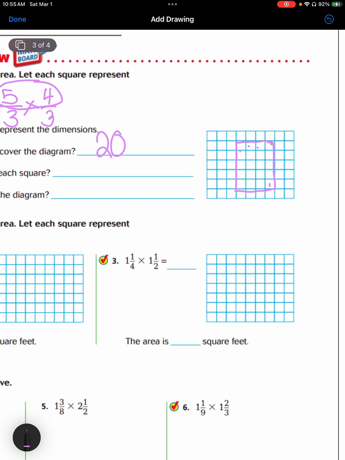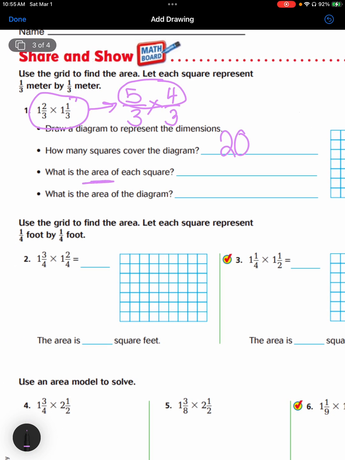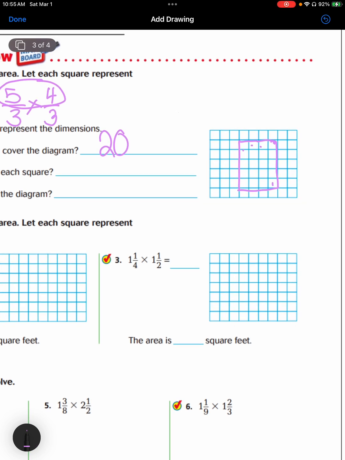Now, if we look at what's the area of one of these squares, you're going to do 1/3 times 1/3, and you actually get a 9th. So that means that each square in here represents 1/9.